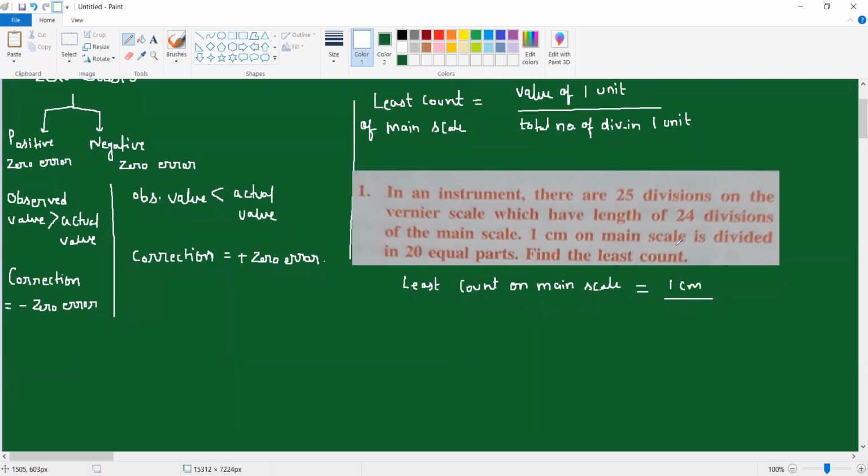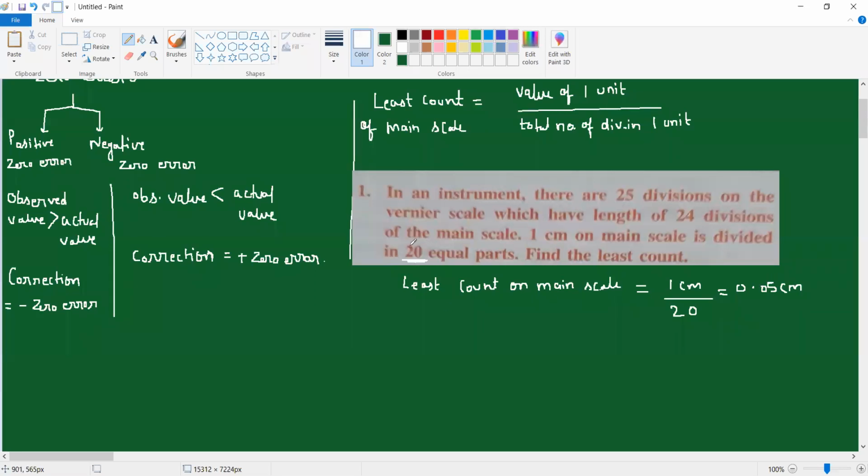What have I written? Value of 1 unit, divided by the number of divisions of that unit. In the 1 unit, there are 20 main divisions, 20 divisions in 1 centimeter. So we have to divide it by 20. So we will get the least count, which is equal to 0.05 centimeter. Clear?